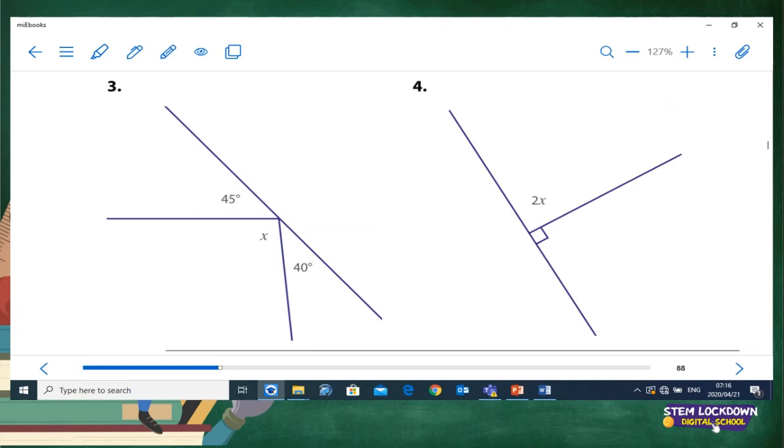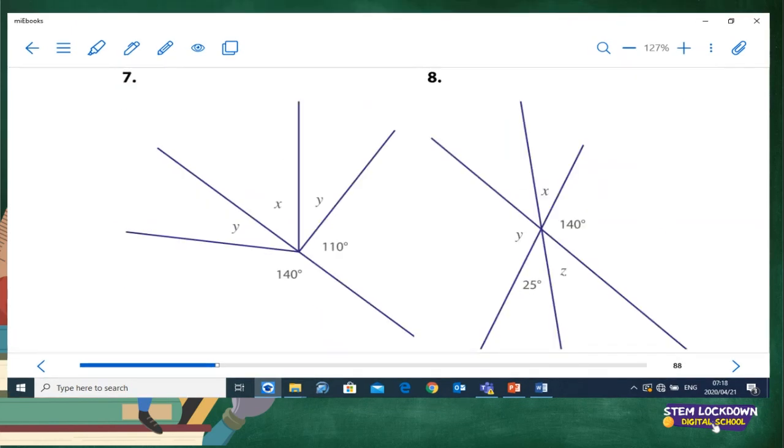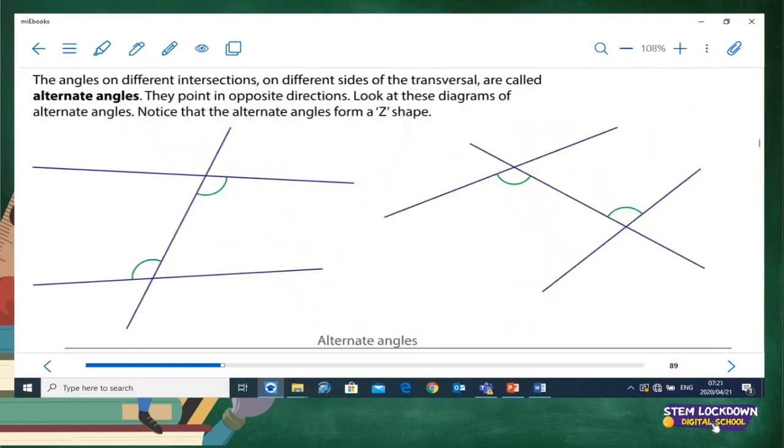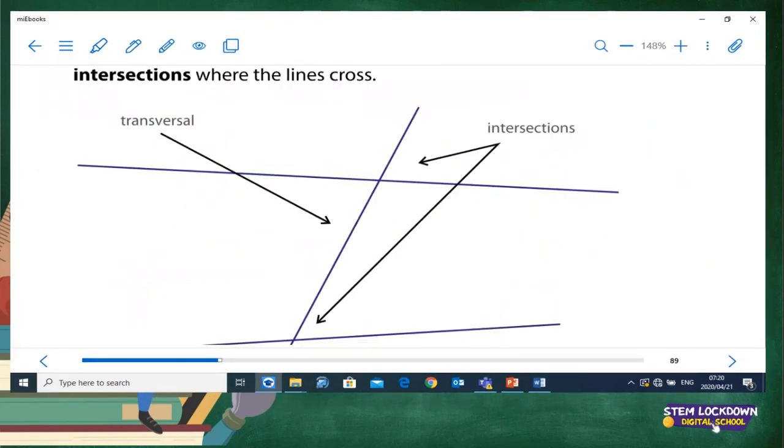And of course, we did a few problems which I'm not going to look at today, but rather I will be zooming directly into the different types of angles, looking at the transversal, the line that cuts two lines, at points of intersection. We have also spoken about this line.